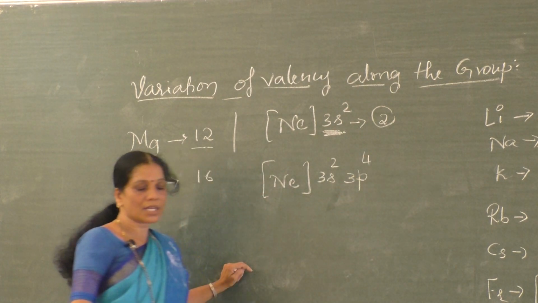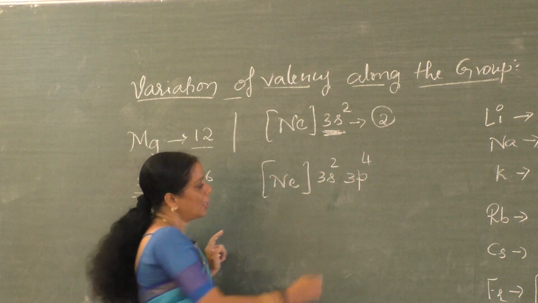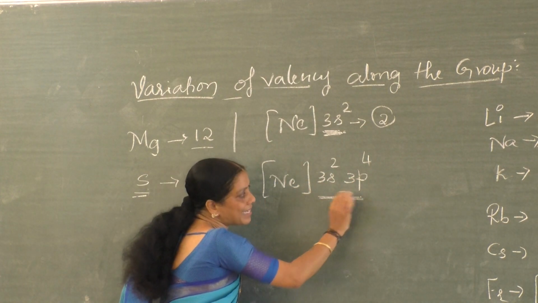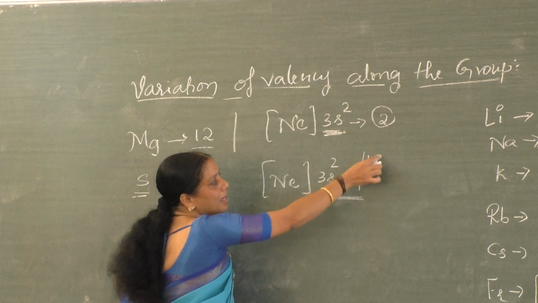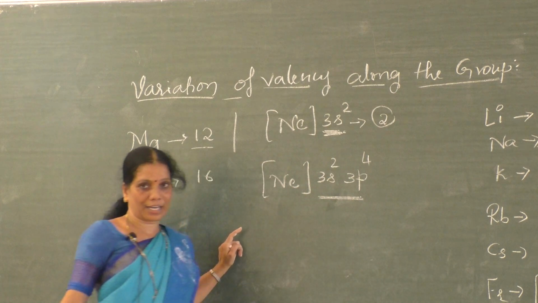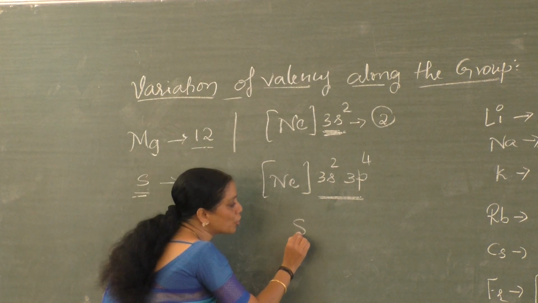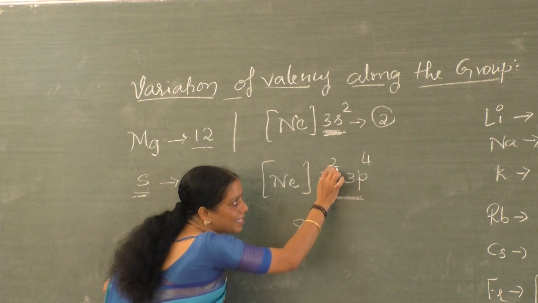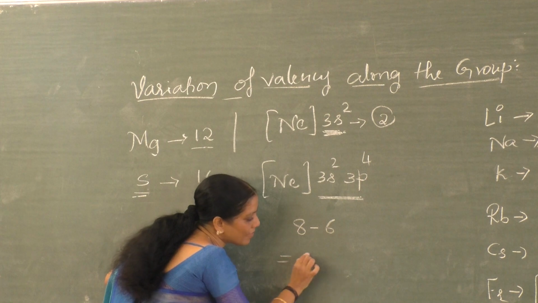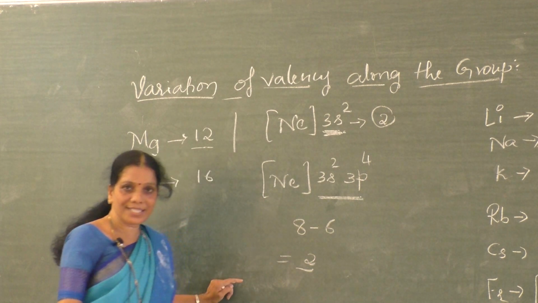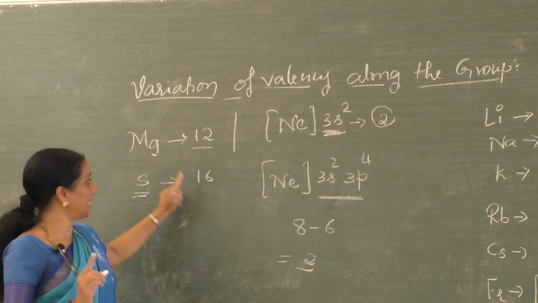The third main energy level is the valence shell, containing 6 electrons. Since it is more than 4, you have to use the formula 8 minus the number of valence electrons. 8 minus 6, what is the valency? 2.